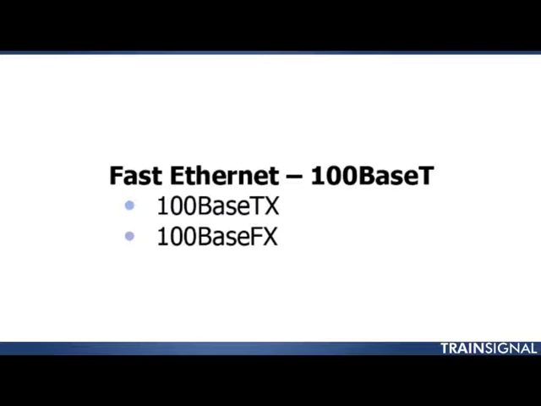Well, the reality is that fast Ethernet, this 100 megabit Ethernet network that we moved into, could be done on a twisted pair cable, but it also could be done on a fiber optic cable. And that's why we have the breakdown here of 100 base TX, which was the representation using twisted pair cabling, and 100 base FX, which used the fiber cabling.